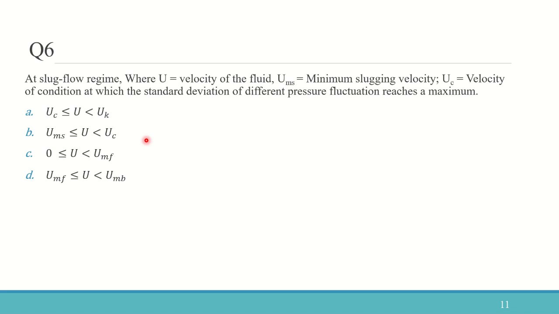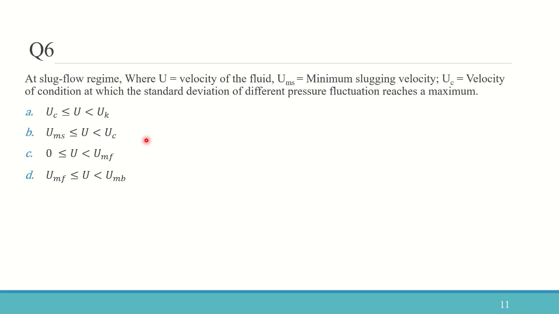So what is the condition at which the standard deviation of differential pressure fluctuation reaches a maximum? In the slug flow regime itself we can say that U is greater than UMS. That is available only in option B, and U is less than UC in this context.